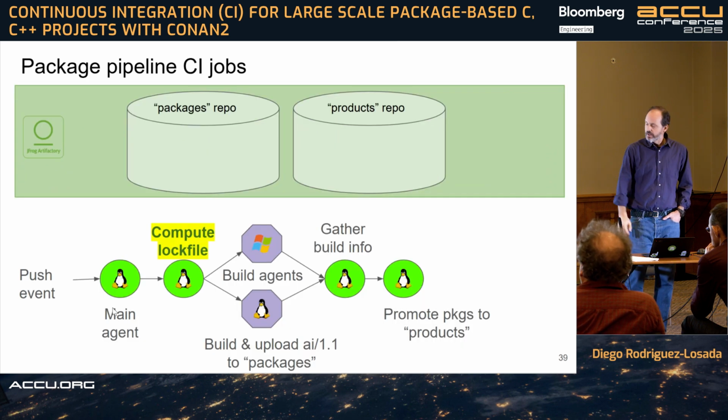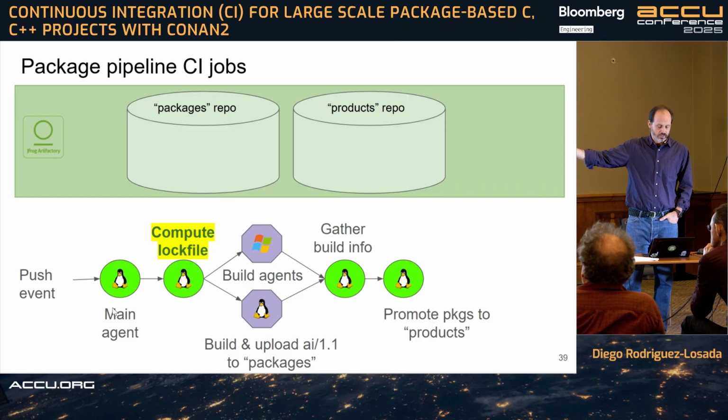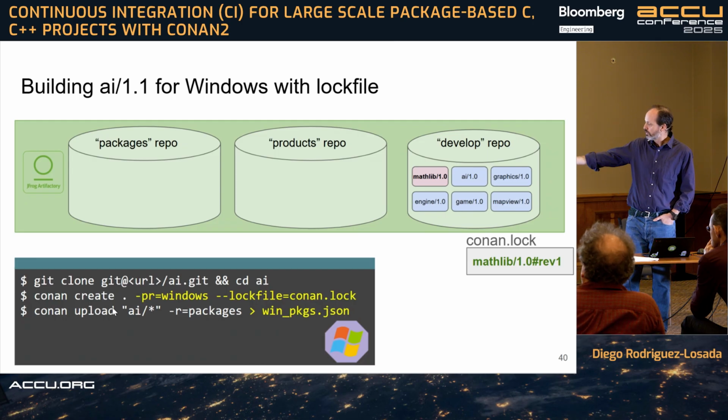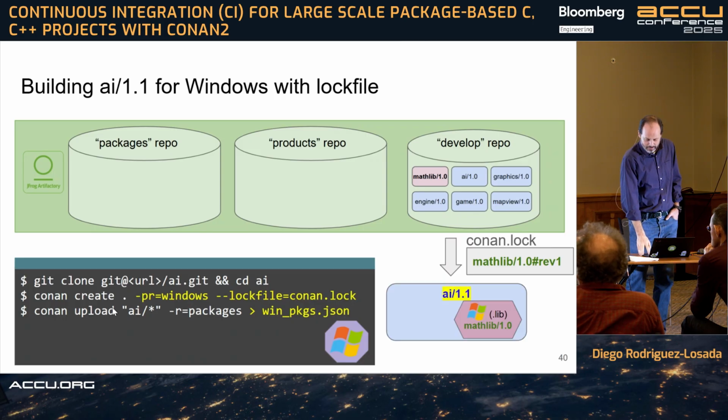Then, if we do this before triggering the build agents, and we feed this Conan lock file to the build agents, then we can guarantee that the set of dependencies used will have exactly the same versions. When the Windows agent triggers, that's fine. There is only MATLAB there.